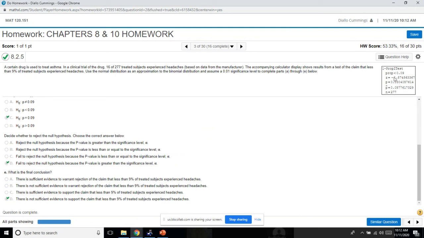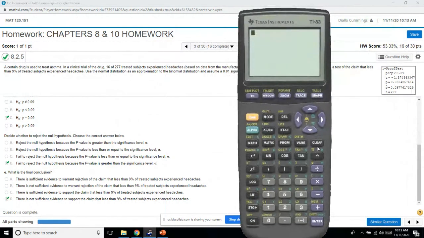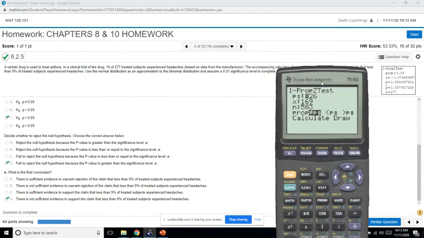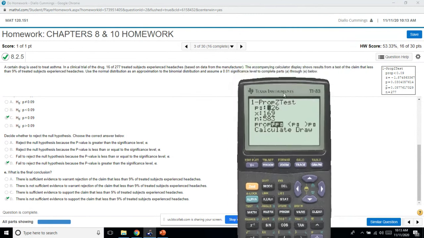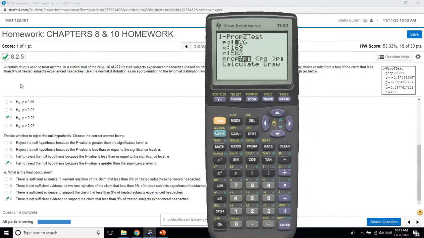Now, if I wanted to use the calculator to get these same statistics, I'm going to go into statistics, scroll over to tests, and go down to a one proportion z-test. I'm going to put in my claim population, which is 9%, so that's 0.09.